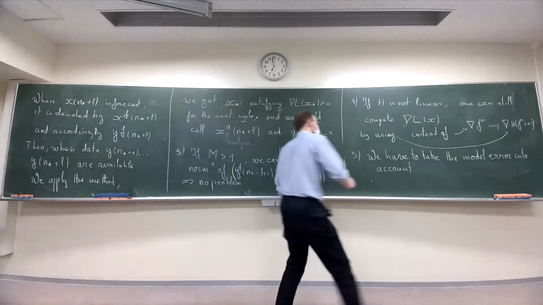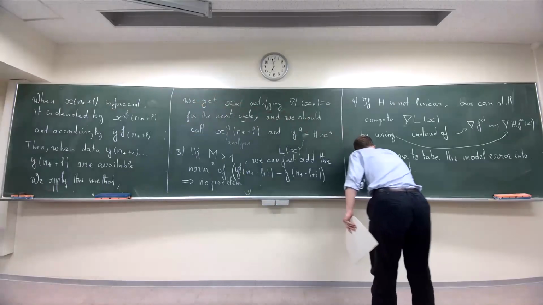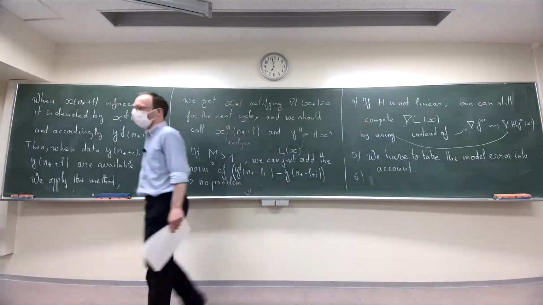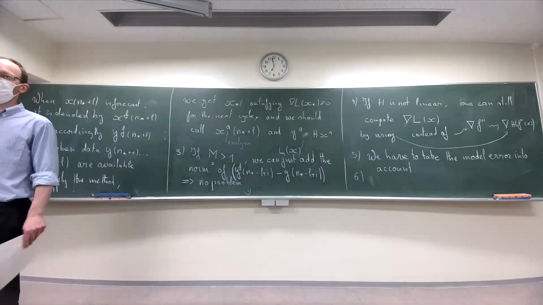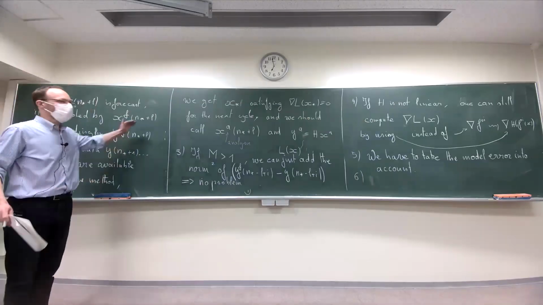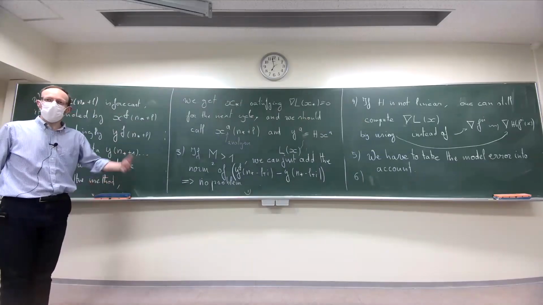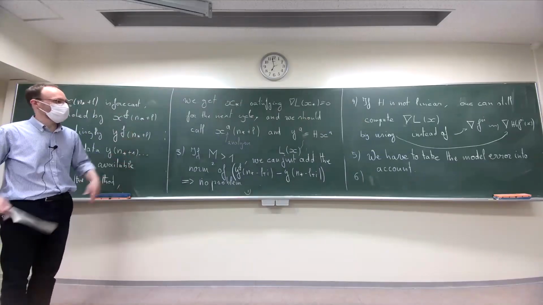And the number 6, and this justifies the next chapter, is we have no probability so far. We are just saying we forecast something, but how confident are we in our forecast? There is no information about this.